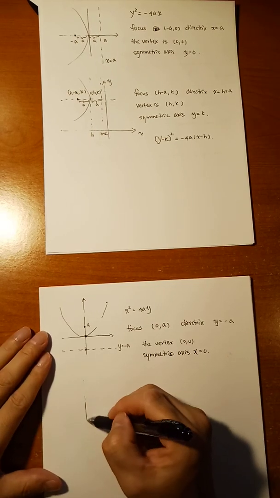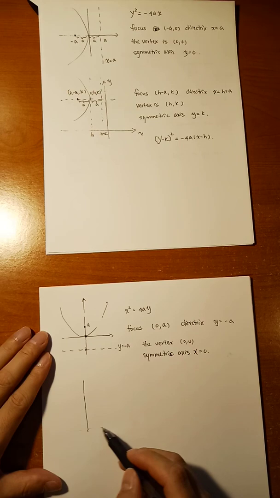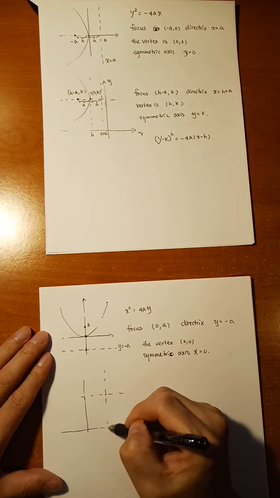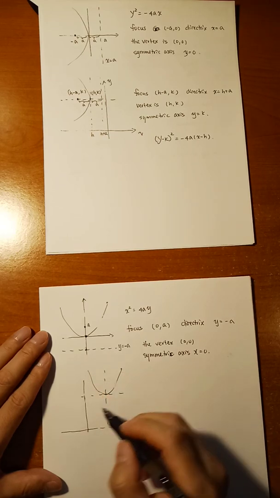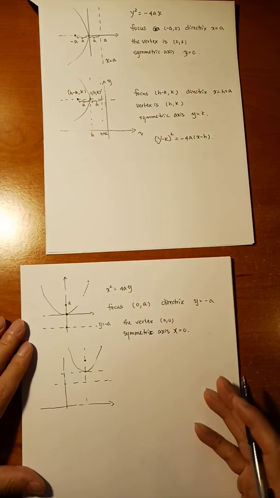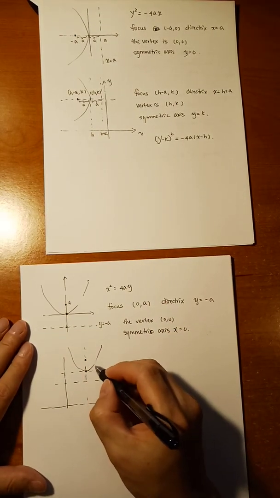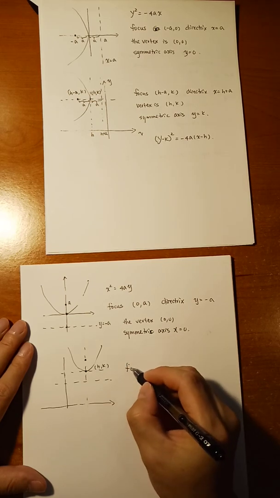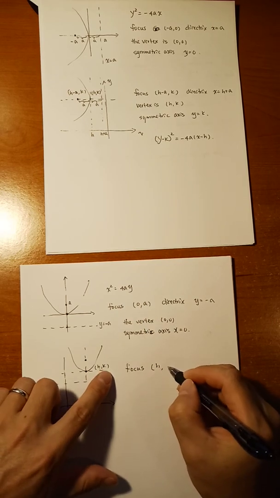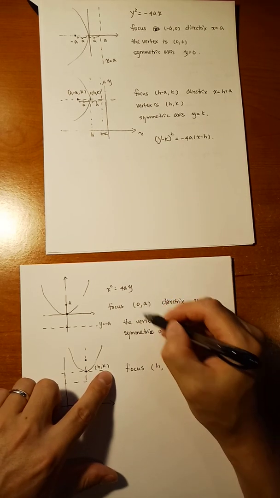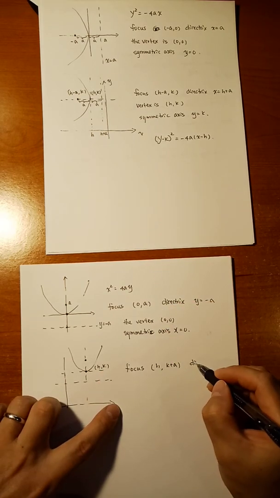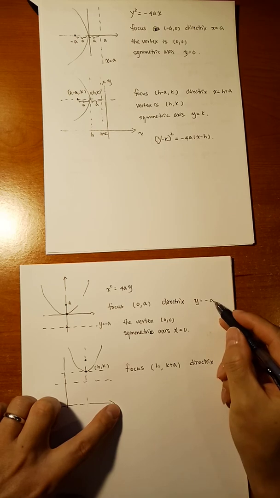Okay, now if we move the vertex to the point (h, k), we can naturally and directly get the result. What is the focus? This vertex is (h, k). Focus, remember how we do it. We just add x coordinate by h, y coordinate by k. Add 0 by h is h, add a by k is k plus a. Directrix is y equal to negative a.